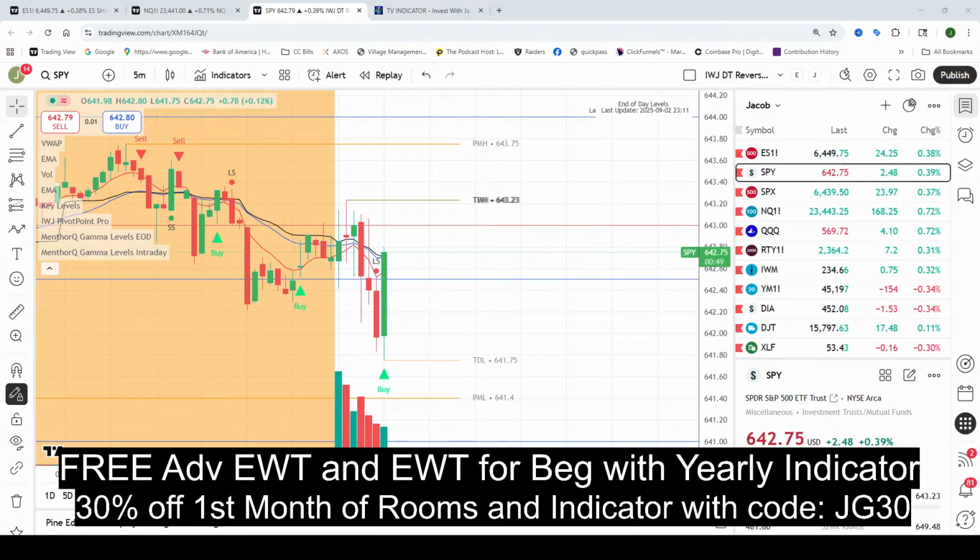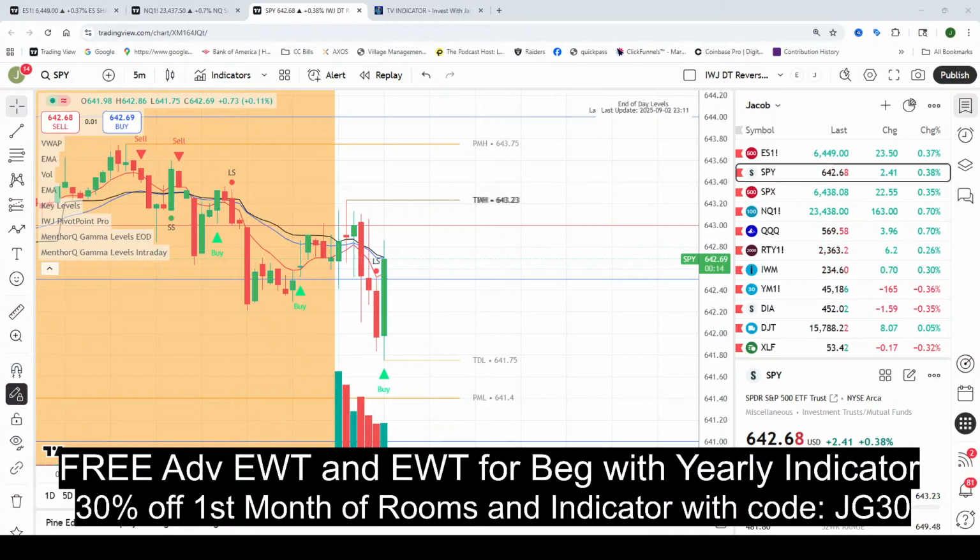Pushing through VWAP and the 21 here. Very strong from the bulls. So on the move down, the ADD dropped back down to around 0.